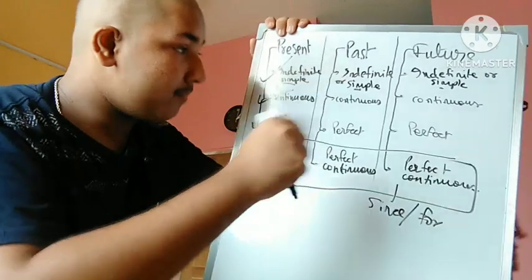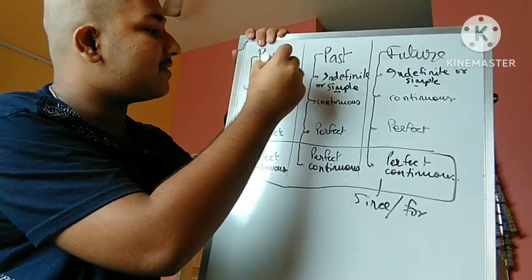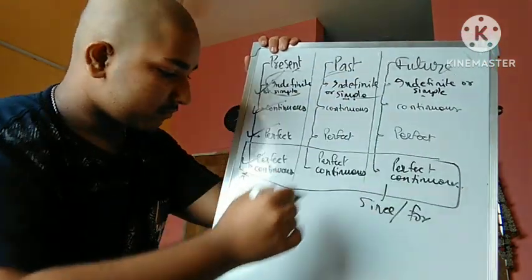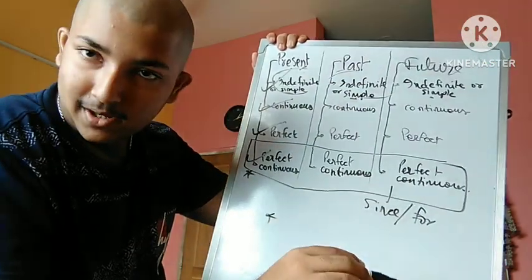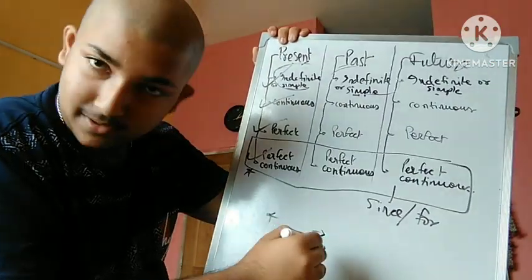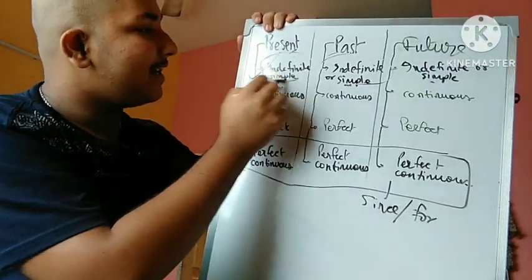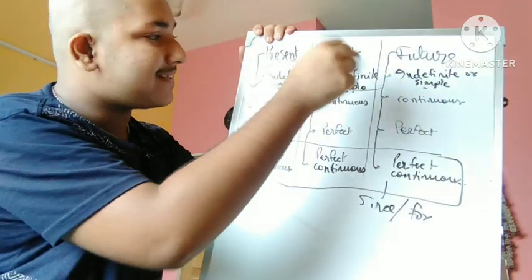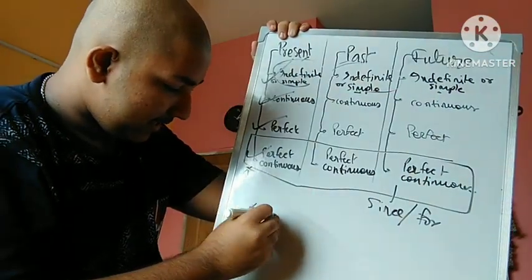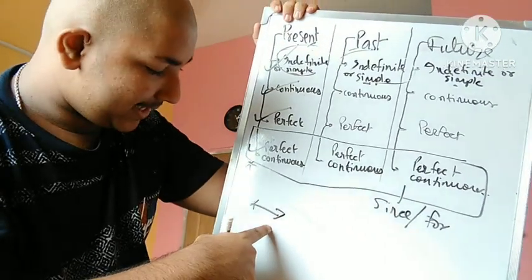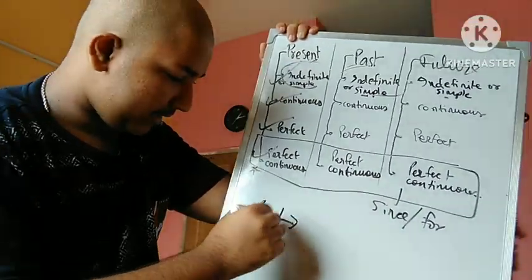This thing means present wala means this indefinite wala thing. I don't know when I have started. I don't know when I have ended. But the difference between this present indefinite and past indefinite is, present indefinite is I don't know when I have started, I don't know when I have ended, but I like something here.